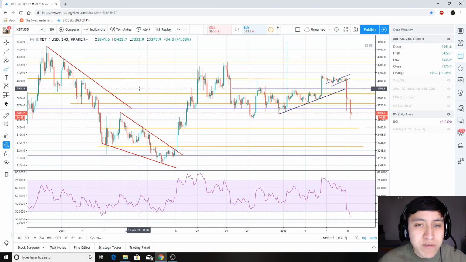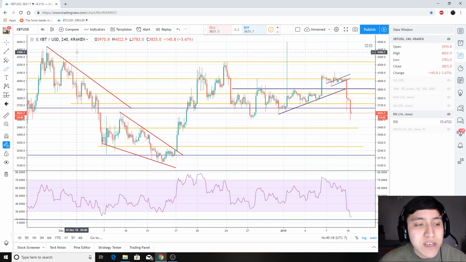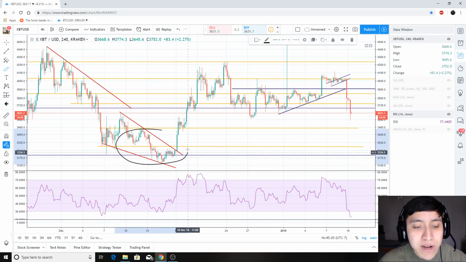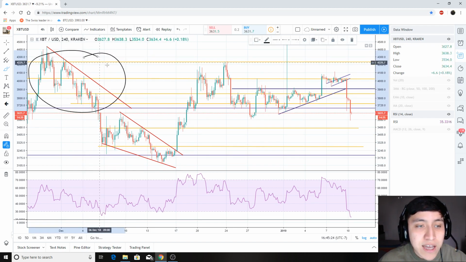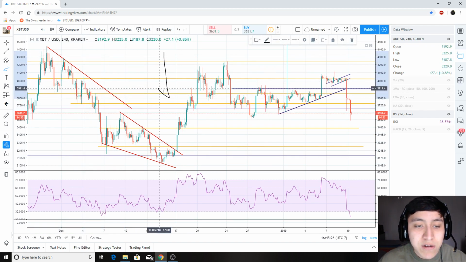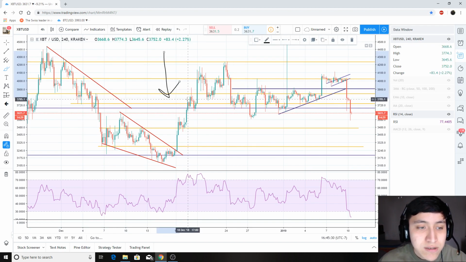The best way for you to visualize the difference between apparent divergence and hidden divergence is going to be these two shapes right here, okay? Right here, I drew a descending triangle, telling me that the market was going to go in a downward direction, right?